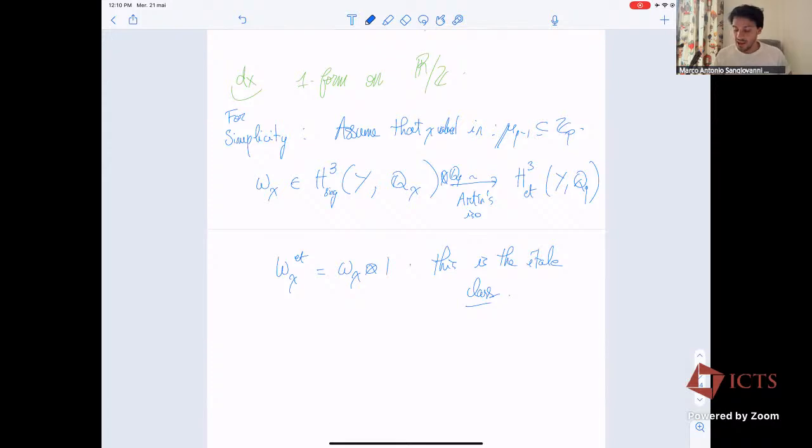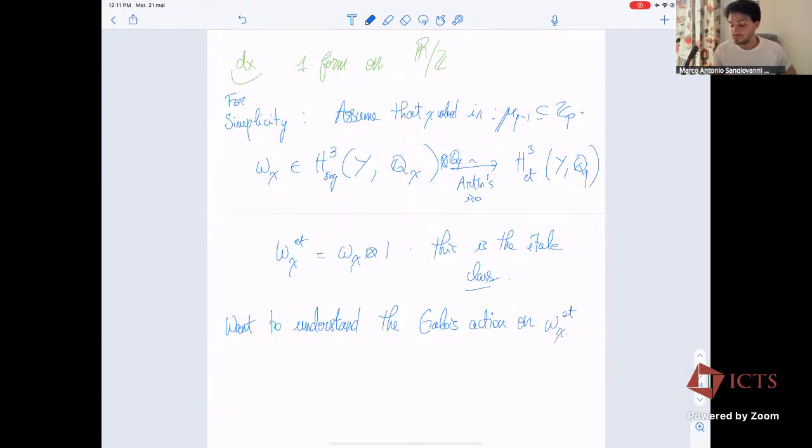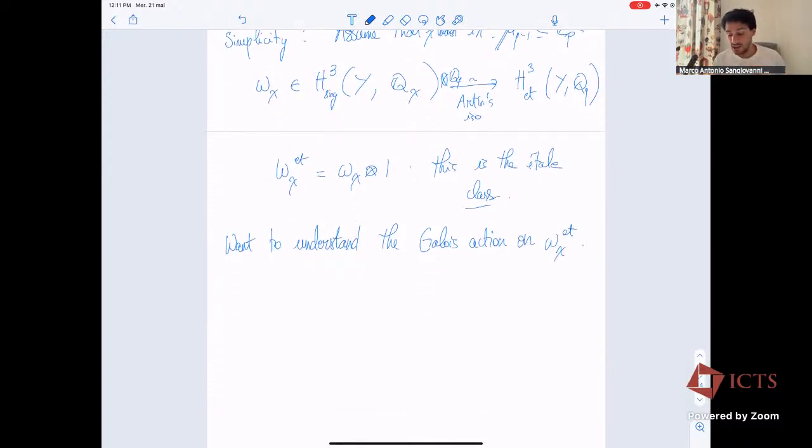And so now we want to understand the Galois action on omega chi étale. And this is done in two steps.